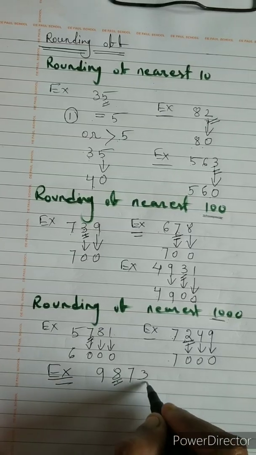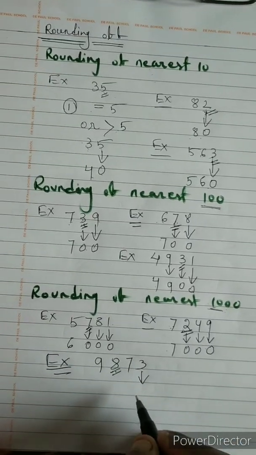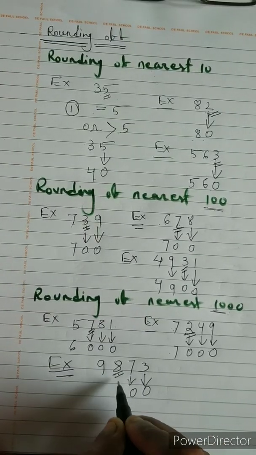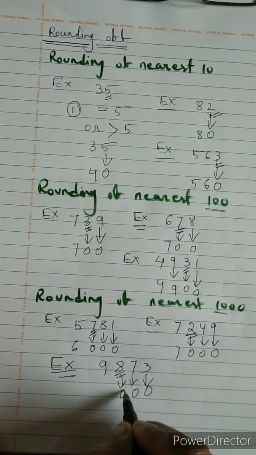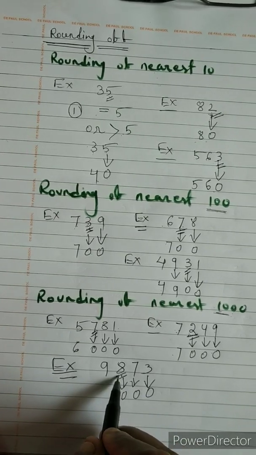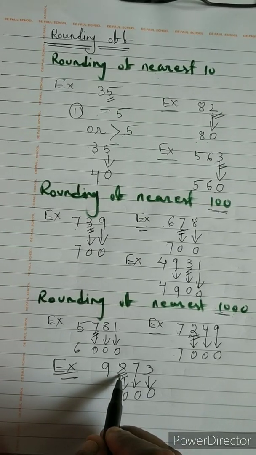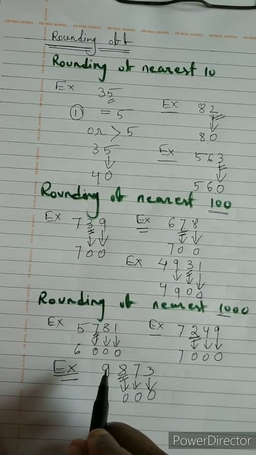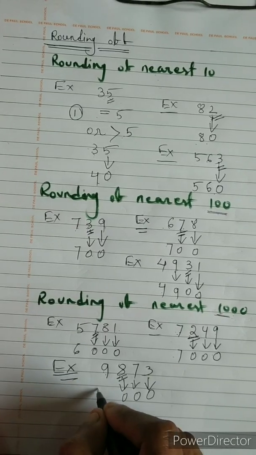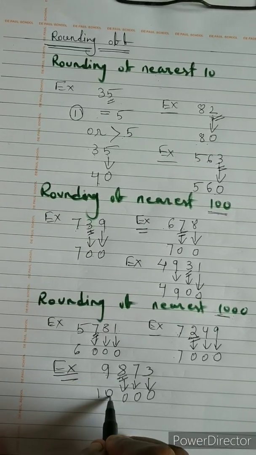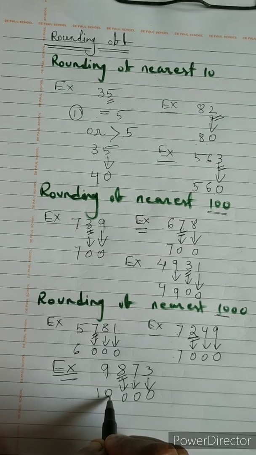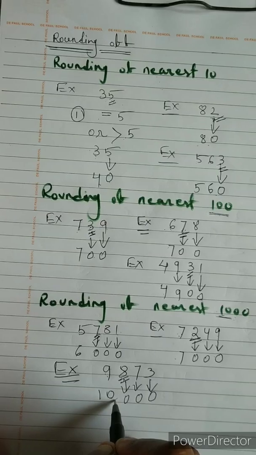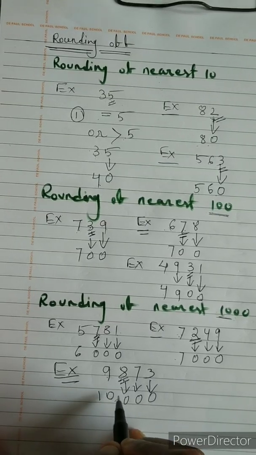So what should we do? Ones place is 0, tens place is 0 and 100 place also 0. But because it is greater than 5, the 1000 place is increased by 1. So 9 plus 1, how much, children? You put that here. So this becomes your 10,000. Understood, children? Yes.